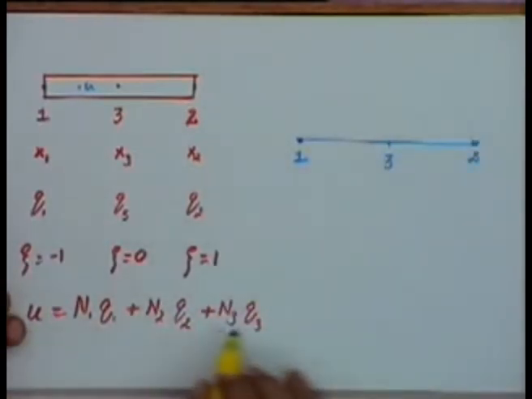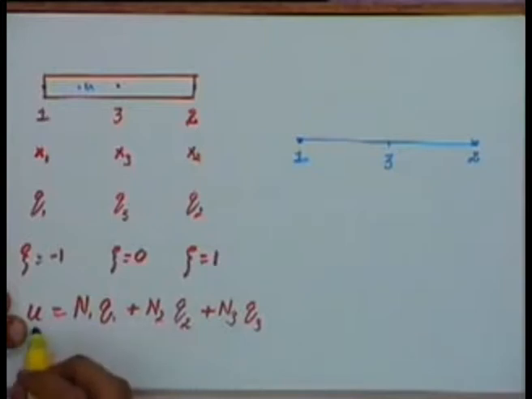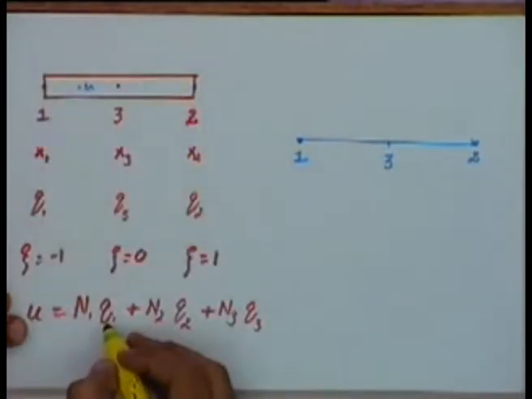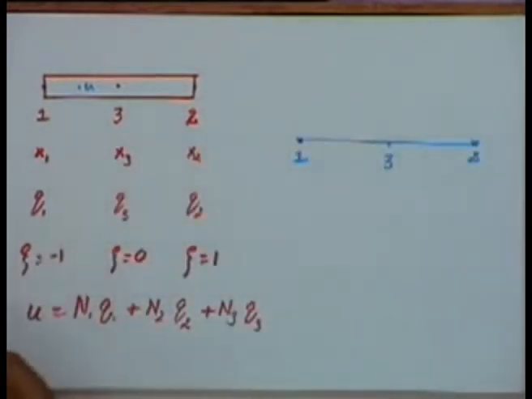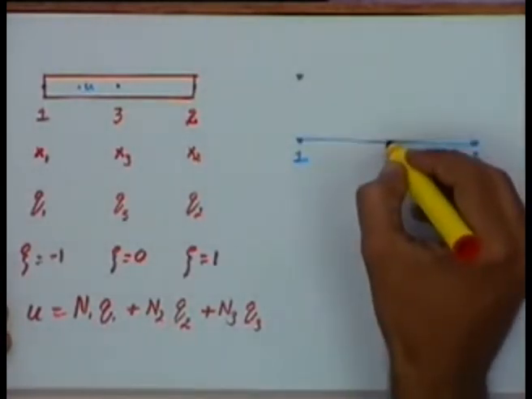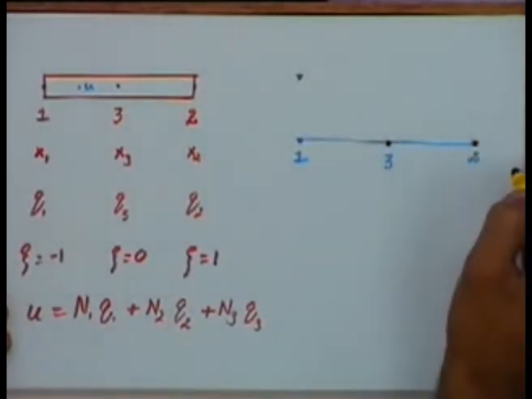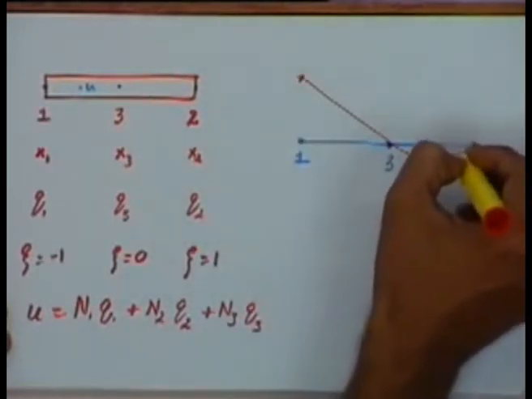Only then will this be a valid statement. If n1 is 1 and n2 and n3 are 0, u at point 1 will be equal to q1, and that is what we want. So the curve in this case would look something like this, as it is 1 here, 0 here and 0 here, and it is a quadratic curve.